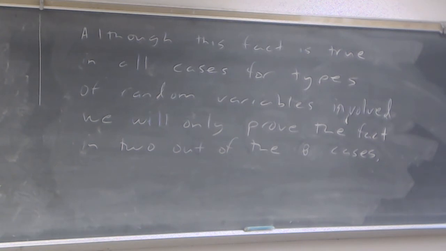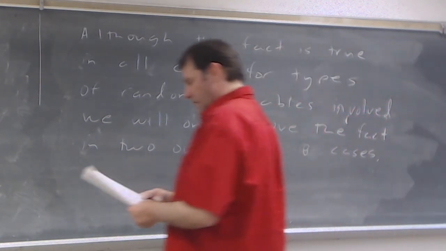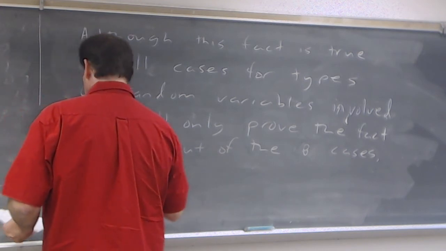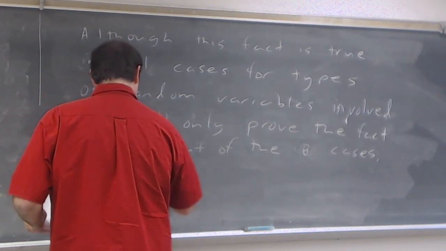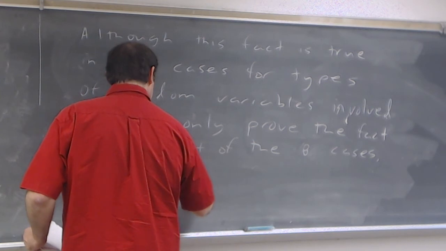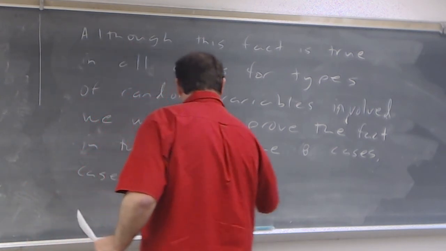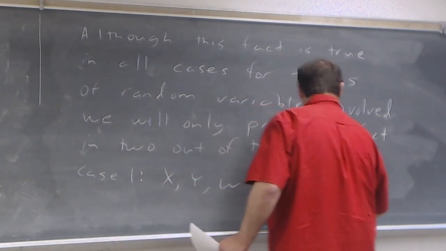And so the cases have to do with the discrete or continuous nature of x, y, and w. So the statement's true no matter what, but we'll only look at 2 cases. That's when they're all continuous or all discrete. So case 1 is x, y, and w are all discrete.